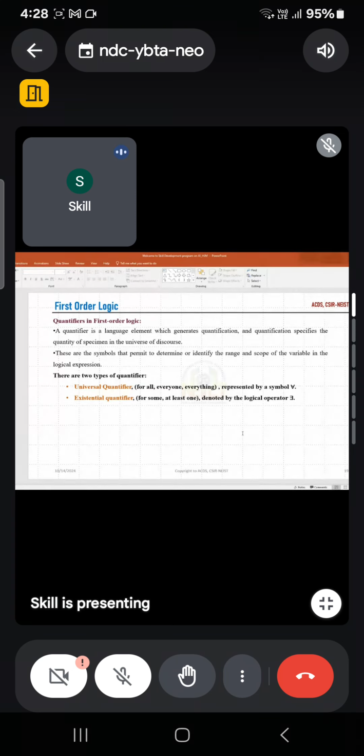That can be explained using the quantifiers in first order logic. There are two types of quantifier. One is the universal quantifier, which explains for all, everyone, everything, and that is represented by the symbol for all. And the existential quantifier explains for some, at least one, and it is denoted by the logical operator, the symbol which looks like a backwards E.